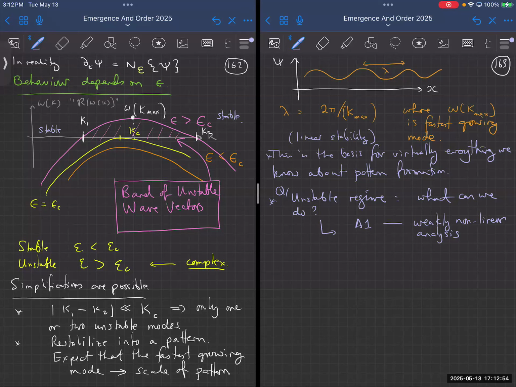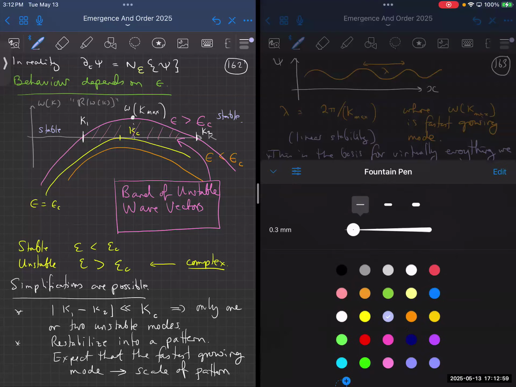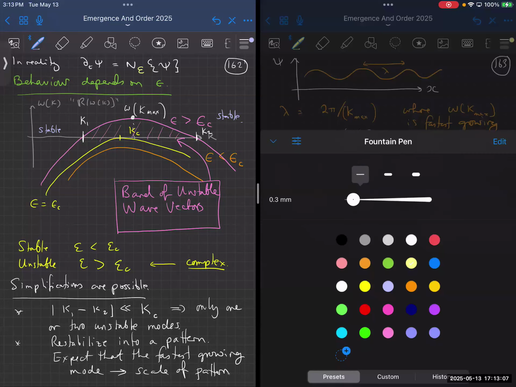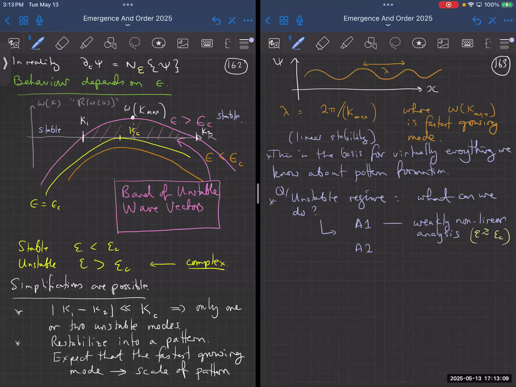That will only be true for epsilon just slightly greater than epsilon c. But there's another thing you can do. Answer number two is that you can look at phase modes. And this might be true for epsilon much greater than epsilon c.